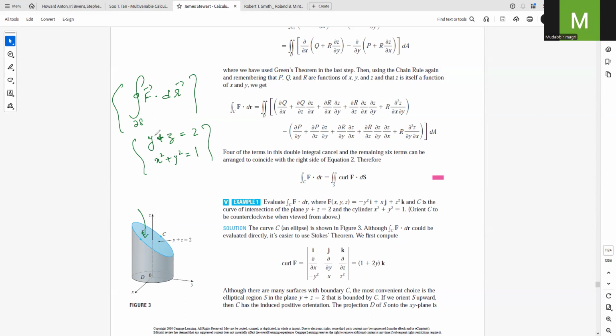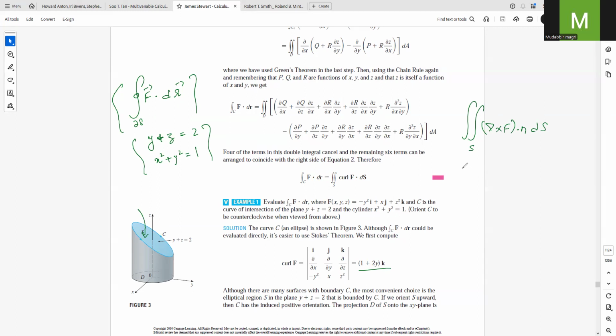But instead of doing that, we will solve it using the surface integral by finding the curl dotted with n ds over the surface. So the curl is simply this determinant, and we get 1 plus 2y k, right?